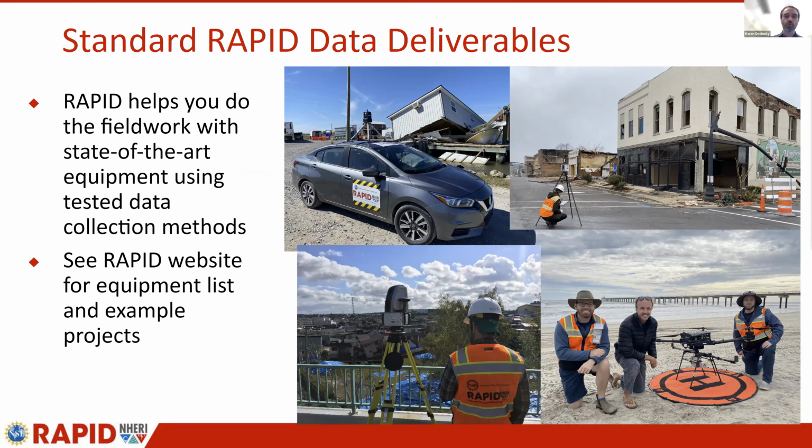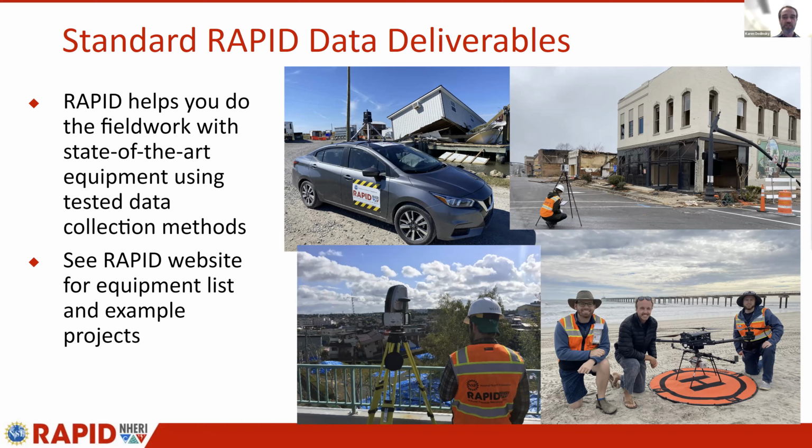So I want to walk you through what Rapid does in terms of helping our users get data from the field all the way to publication. First, we help you with field work. We collect data using our state-of-the-art equipment and data collection methods.